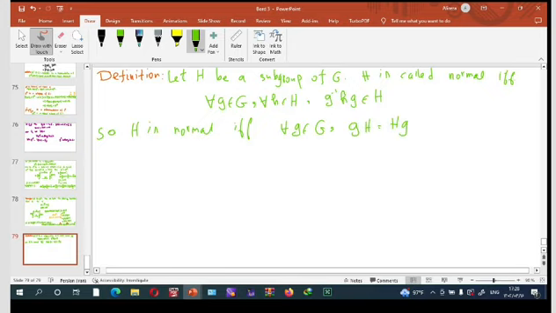Okay. It is very trivial. If we have this, g inverse H g must be equal to H and vice versa.